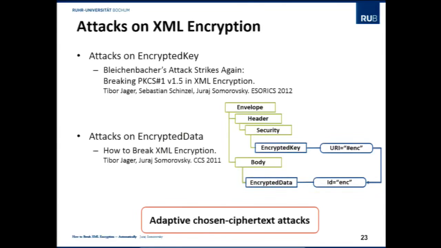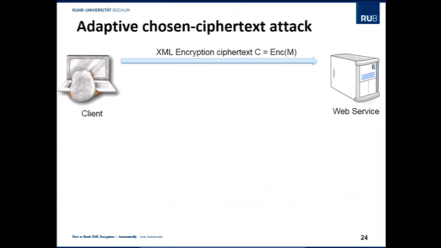What you need to know for now is that these attacks are adaptive chosen ciphertext attacks. So imagine we have a client and a web service, and the client wants to send encrypted data to the web service. It sends some ciphertext to the web service, and the attacker eavesdrops the ciphertext or somehow gets it.